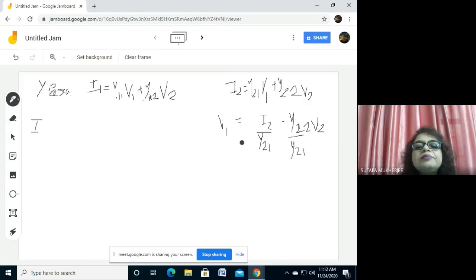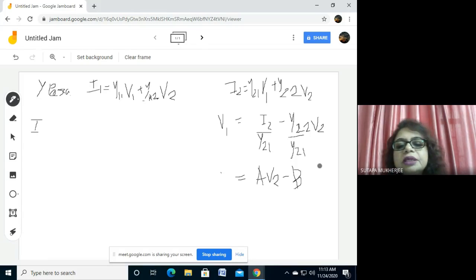Arjun, just write below this equation, V1 equals, you have written V1 equal to this, and below this equation write equivalent to A V2 minus B of I2.